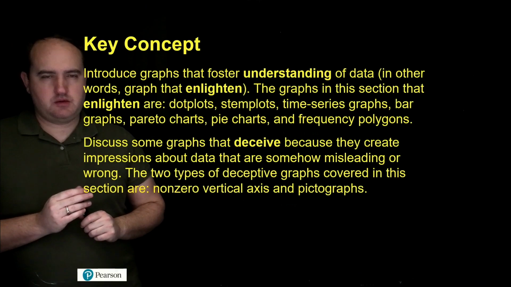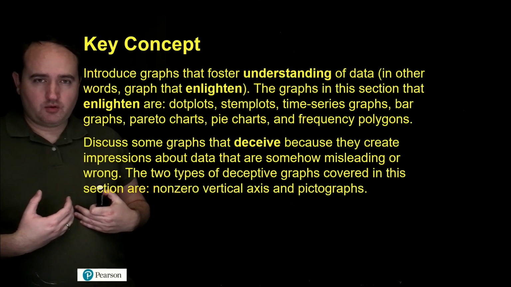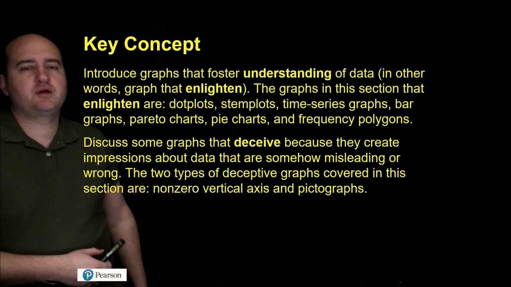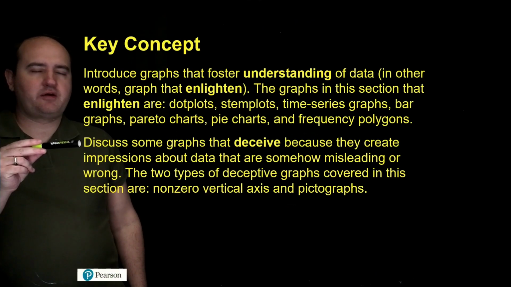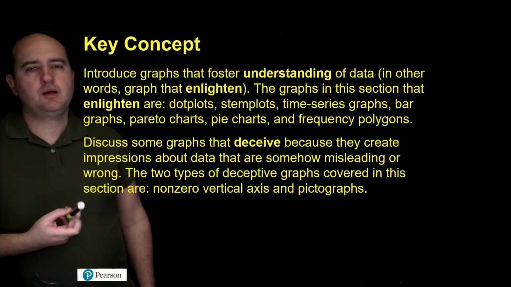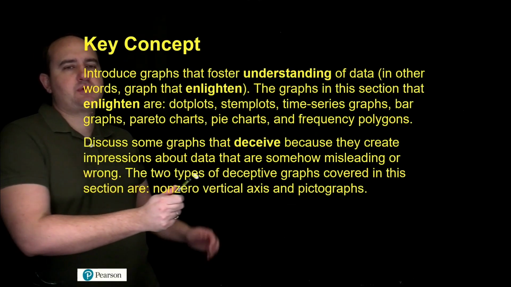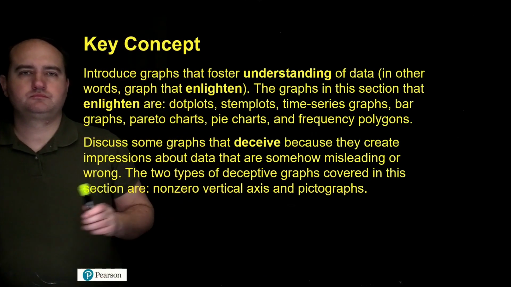That being said, there are also graphs that deceive or lie to us, and we're going to be learning about a couple of those. So in the second part of this section, we're going to learn about graphs that deceive because they create impressions about data that are somehow misleading or wrong.